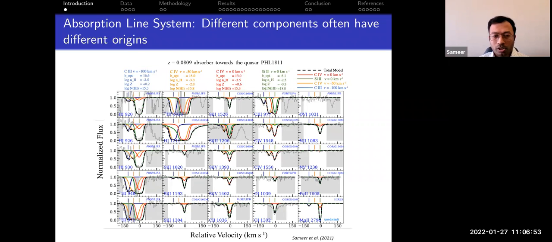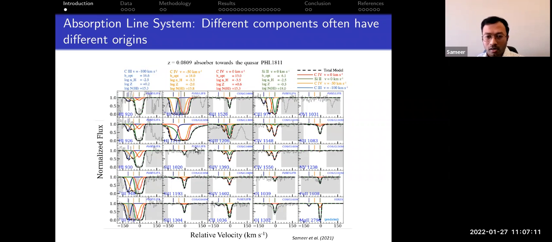So with our approach, we'll be able to paint a truer picture of the CGM around galaxies, whereas in the former case, by obtaining a single metallicity, we'll be washing out the signatures of all these different physical processes in the CGM of galaxies.